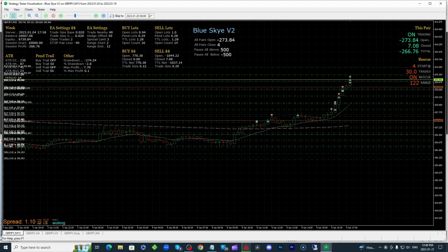But before we get there, in other words when the rescue starts, I also like the idea of writing some code so that whichever side has the big losing amount, like in this case, sell trades are in trouble here. It's down $1,000. Now that sounds crazy, but remember the buys are up 770.